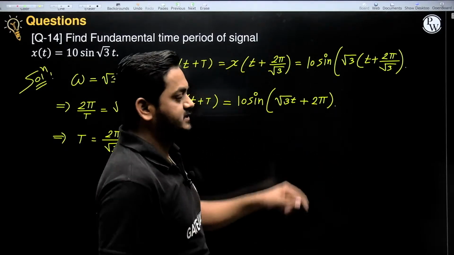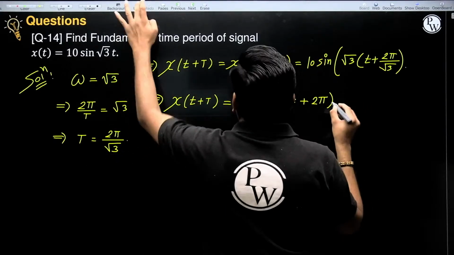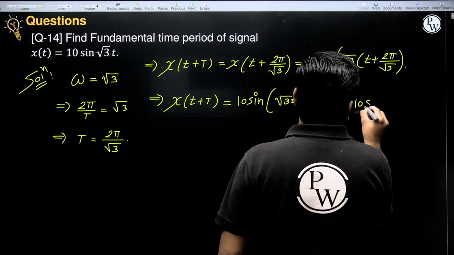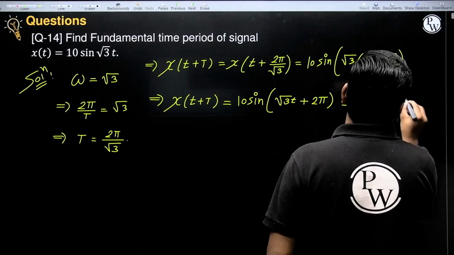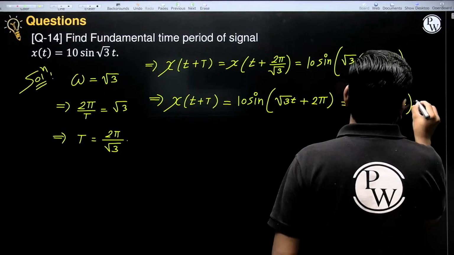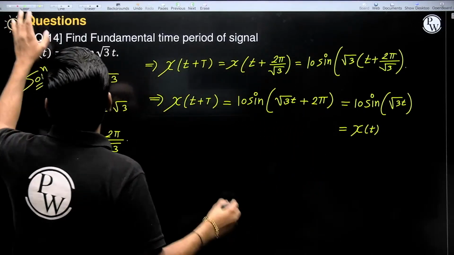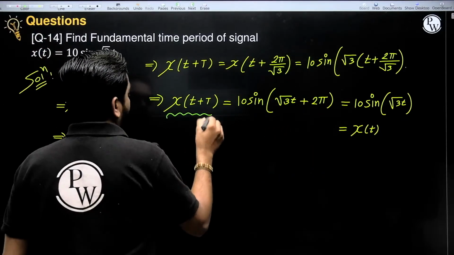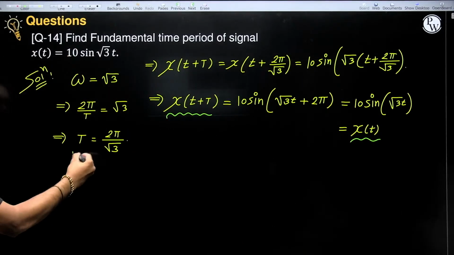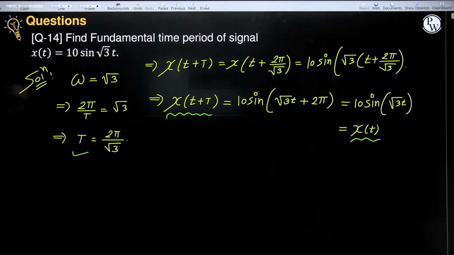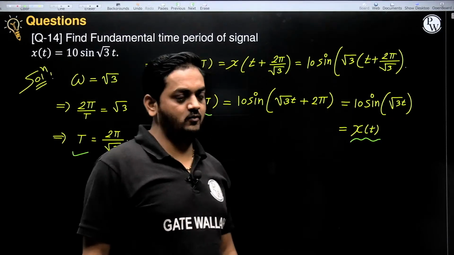Now sine (2 pi plus theta) is nothing but sine theta, which is equal to sine root 3 t, correct, and which is the same as x of t. So again we got x of t plus capital T equal to x of t. So we can say yes, this is also a periodic signal and the fundamental time period capital T is equal to 2 pi by root 3 seconds. Done? Fine? Okay. Very good.